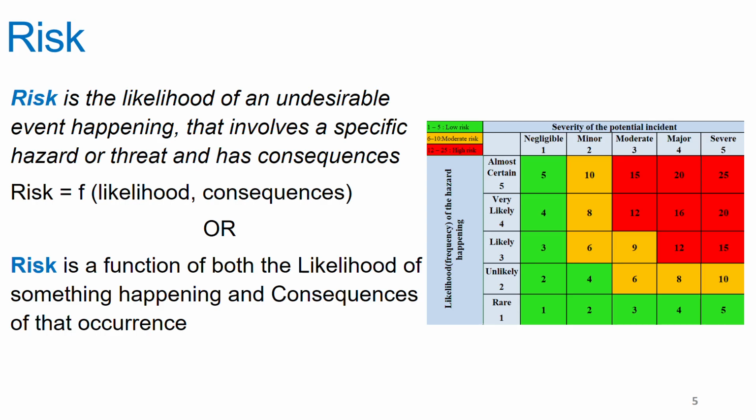It means that if you have some numerical values for your likelihood and you have some numerical values for your consequence, so you're talking about the level of chances or the degree of chances having, let's say, a numerical value, and the severity or the consequence after you get exposed, if you have a numerical value for that as well, all you need to do to get the actual risk for that particular undesirable event is get the numerical value for the likelihood and the numerical value for the consequence.